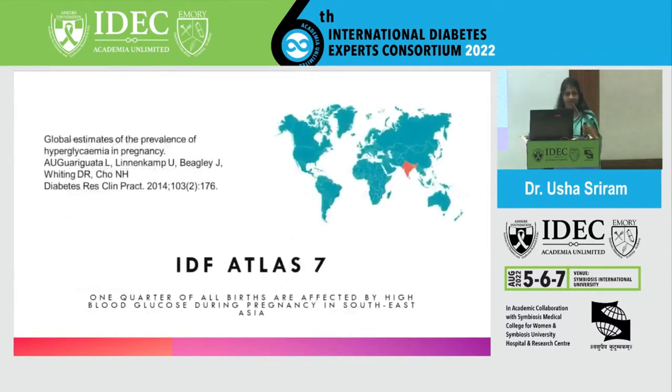The IDF Atlas 7 shows that nearly 25% of all births are affected by high blood glucose in Southeast Asia. This is a very big number. And just to give you an idea, the number of births per year in India alone is somewhere around 25 million, which is more than the population of Sri Lanka.